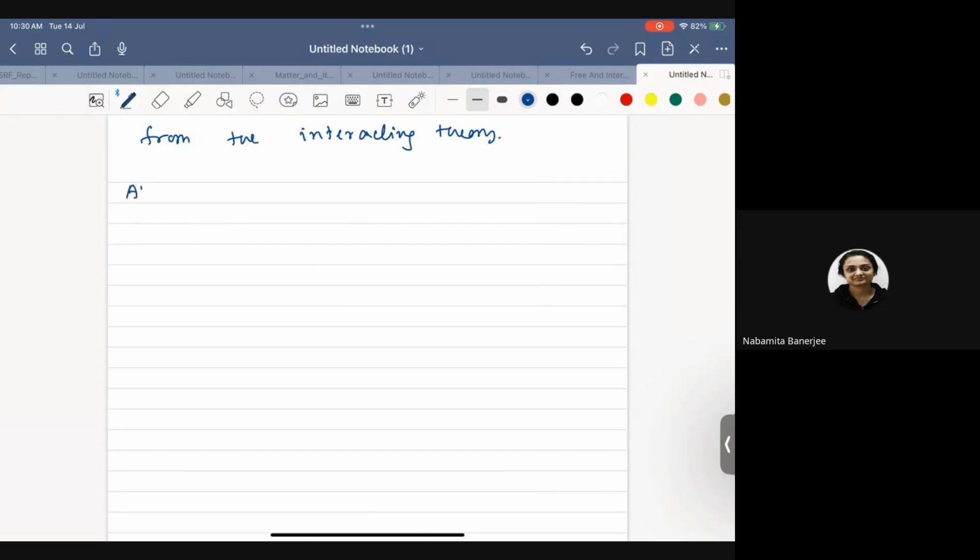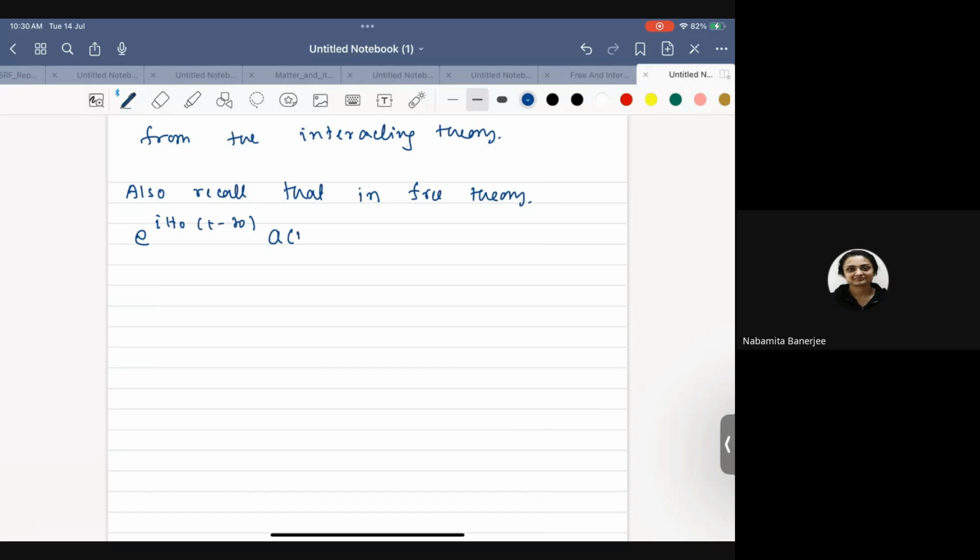Also recall that in free theory, you all know this, but I'm just writing it. Exponential, if in case you do not know, I'll ask you to just do the calculation. It's very easy.